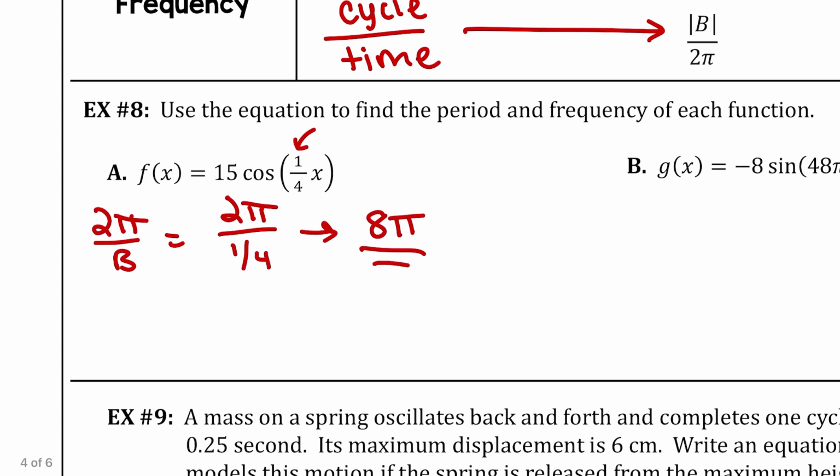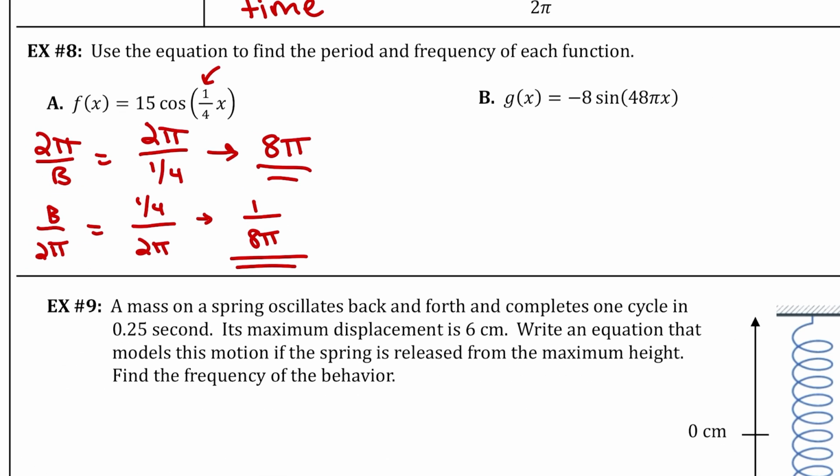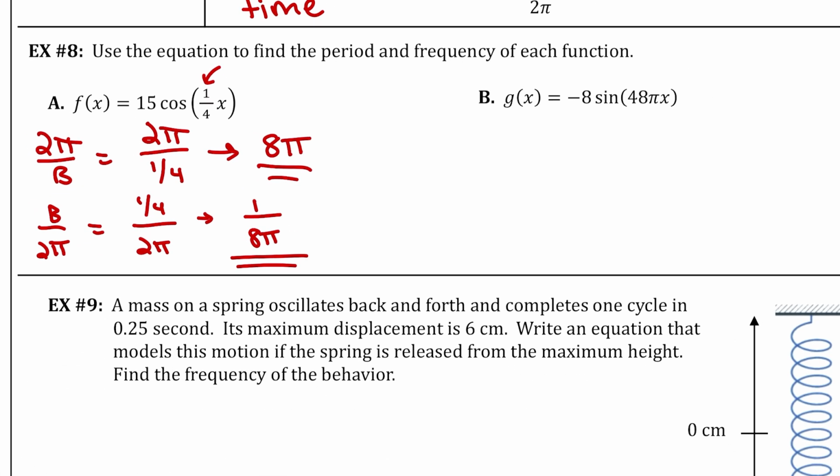And then our frequency is now going to be b over 2 pi, which is 1/4 divided by 2 pi, which is going to be 1 over 8 pi. So see, they just kind of flip-flop there.